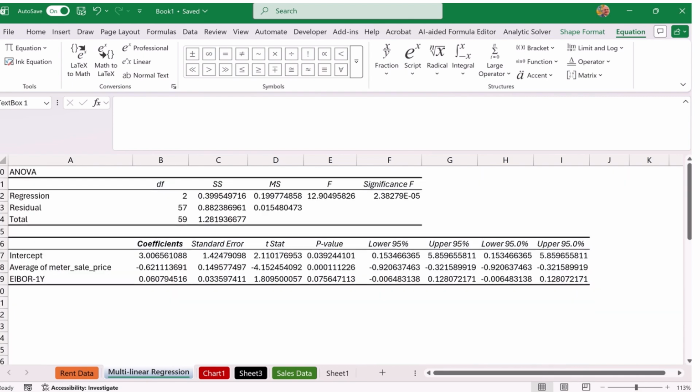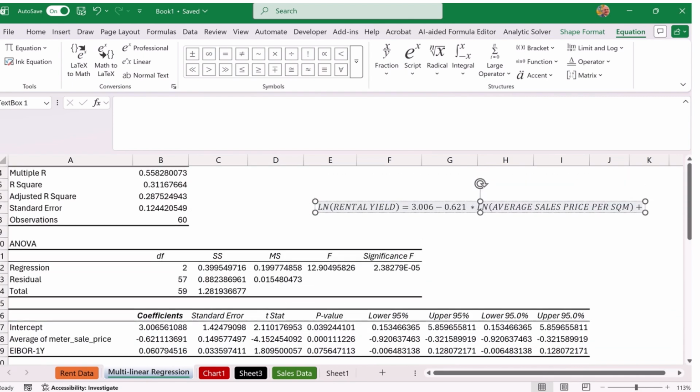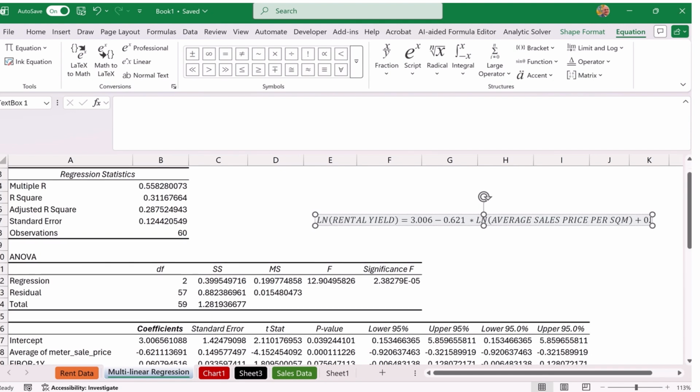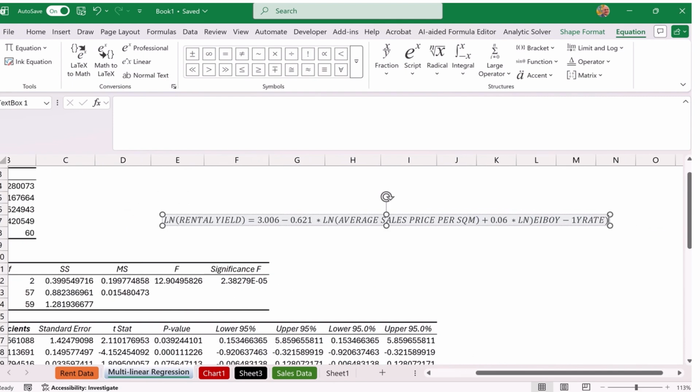Plus, we have 0.06 times the logarithm of the EIBOR 1-year rate.